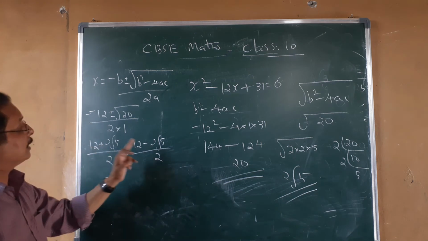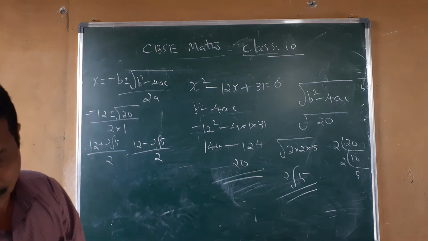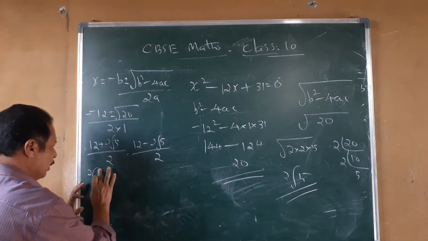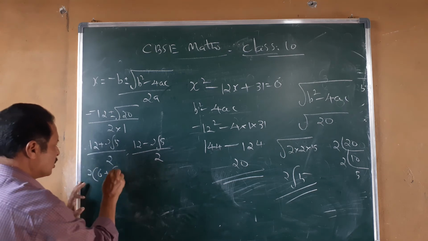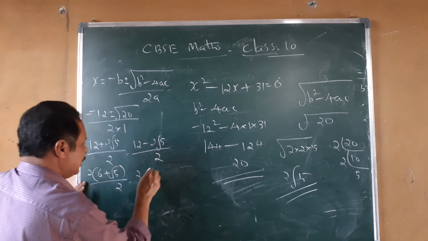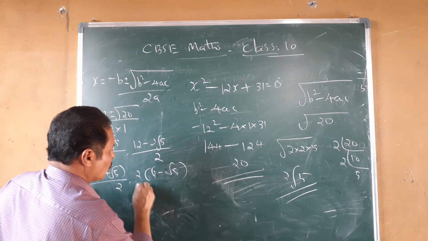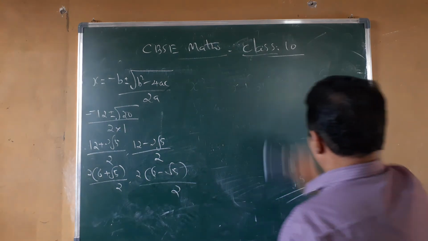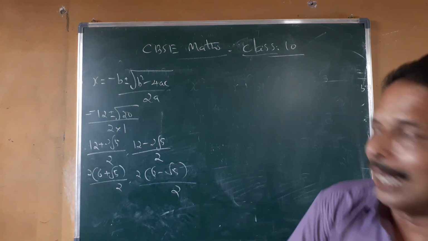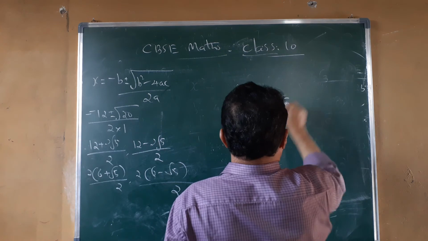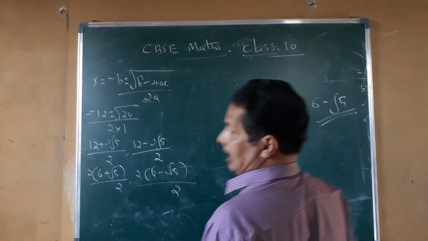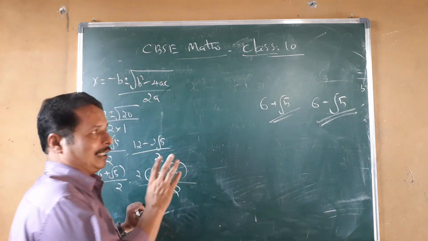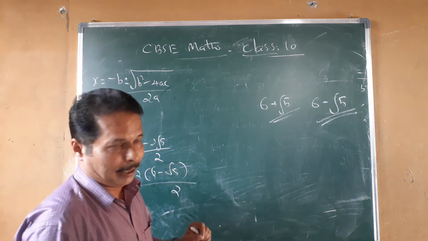Take 2 as a common factor: 2 into 6 plus root 5 by 2, and 2 into 6 minus root 5 by 2. You studied such problems in the previous class. Now 2 and 2 cancel, and the final answers are 6 plus root 5 and 6 minus root 5. Okay. Watch the video carefully and I will give you a home assignment.